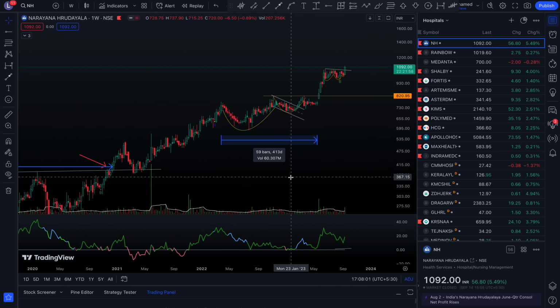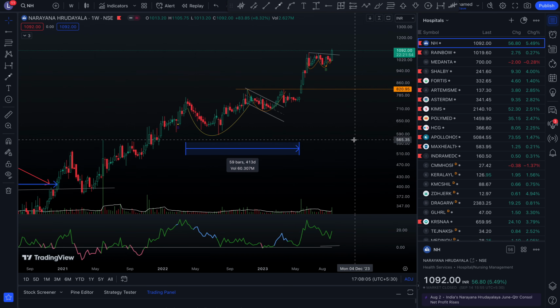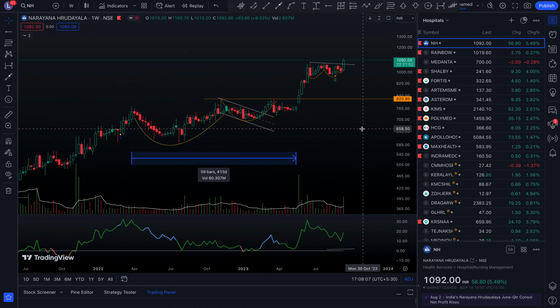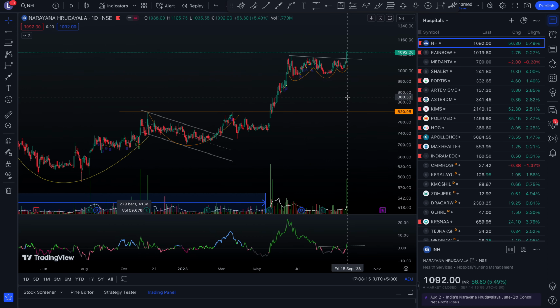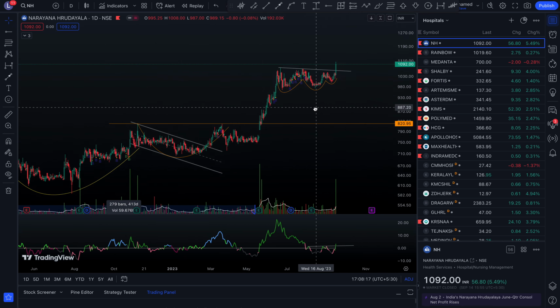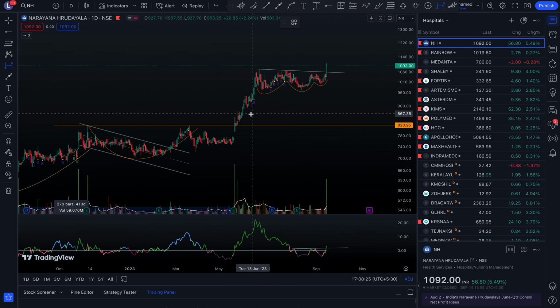Now after this secondary base breakout, Narayana Hrudalaya again underwent a similar 3T base breakout here, which will be more evident on a daily time frame. Similar to the earlier breakout, this is the second base, and hence it is again smaller than the previous base.